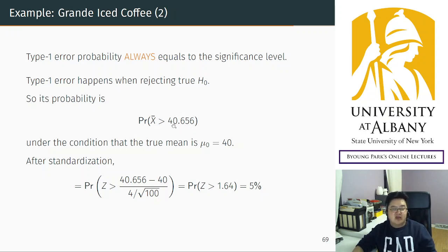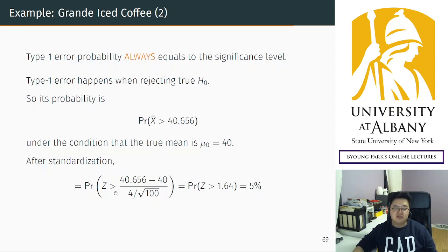So greater than critical value, probability is this, simple. But remember, we assume that the null hypothesis is true. So the true mean is 40, which is used for the standardization, right? Standardization uses this true mean.